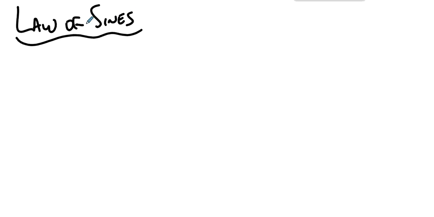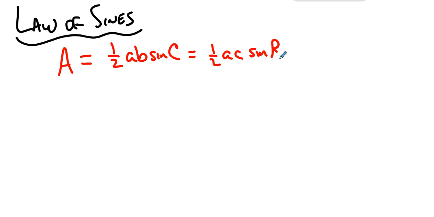Let's take a look at the law of sines. The law of sines runs off the idea that there is only one area of a triangle, and that area is 1/2 AB sine C, or if you like, 1/2 AC sine B, or if you like, 1/2 BC sine A. All of those are equal.